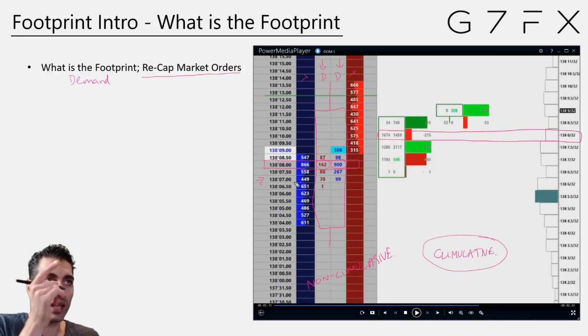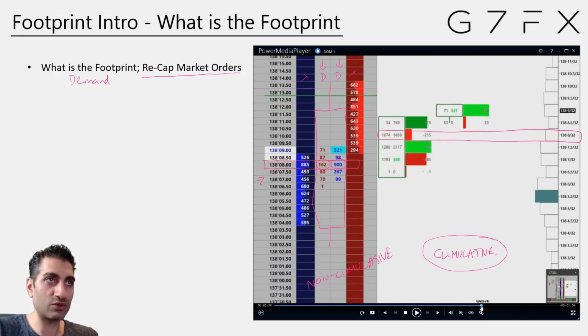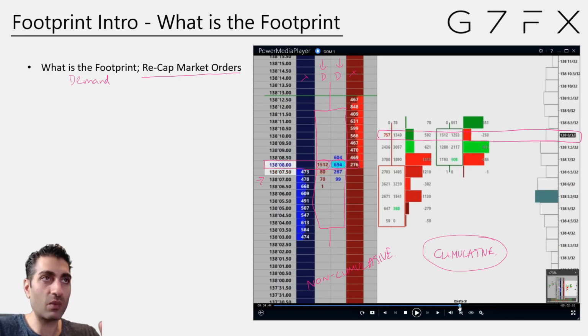Rewind this video and count. I'm not going to do it here because in the interest of time you can do this yourself, but if you scroll back, can you see how they're changing? If you count that 1512, add it up to 162 and so on, it's going to add up to 1674. But you saw what happened there: when we first printed the 1512, we moved away from it, and we went back to it.